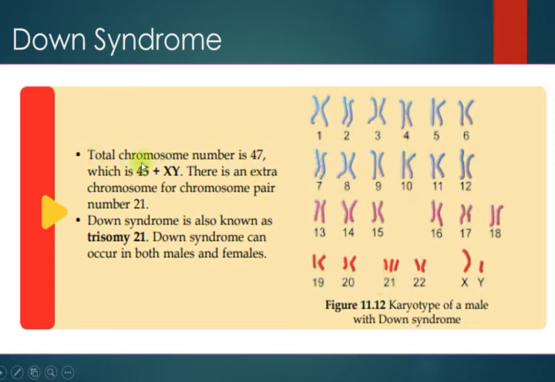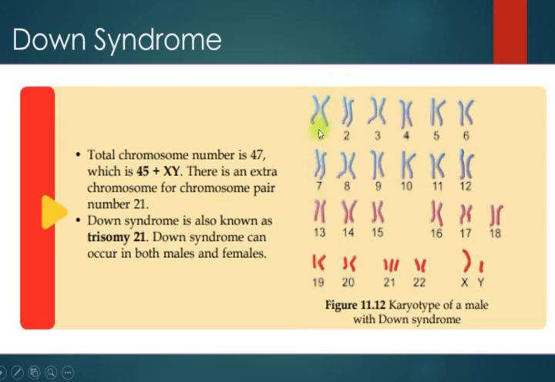The total chromosome number is 47, which is 45 plus XY. So try to count it. Do you get 47 chromosomes? Why 45?